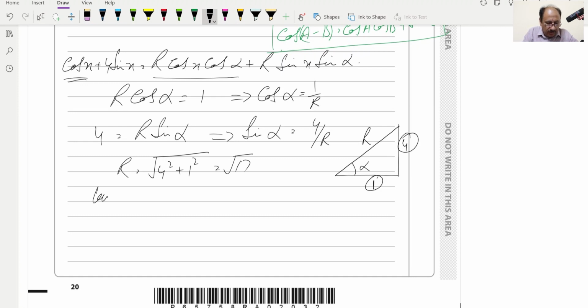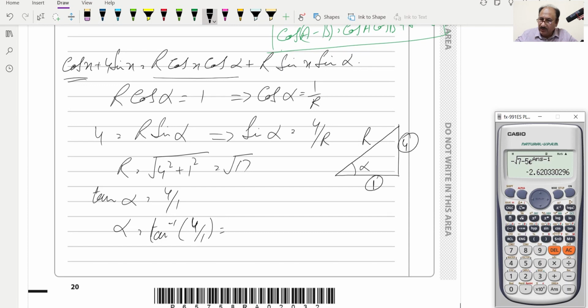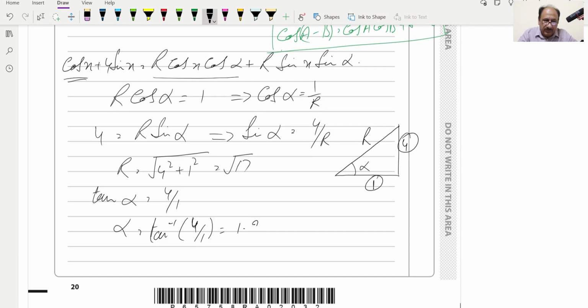And tan alpha is equal to 4 over 1, so alpha is equal to tan inverse of 4 over 1, or 4. We can take shift tan of 4, and this is equal to 1.3258. Up to 3 decimal places we can write it as 1.326.